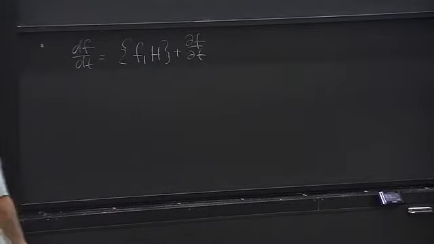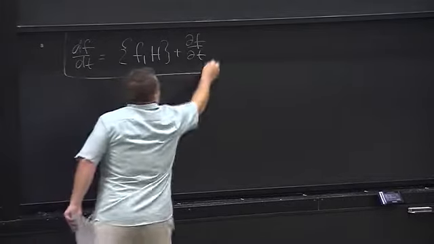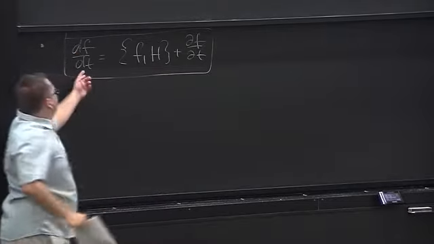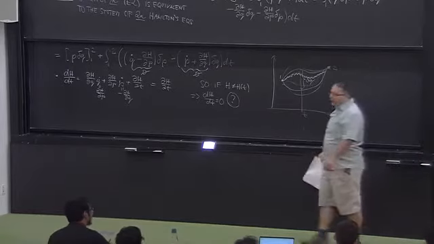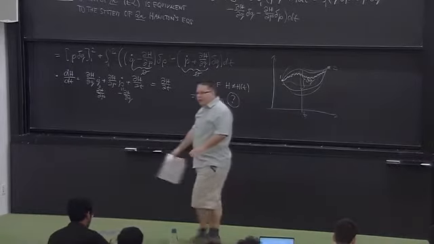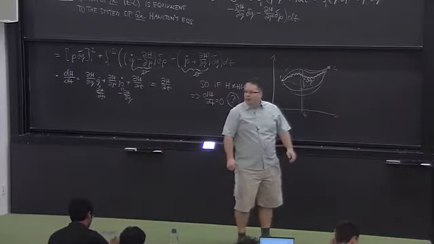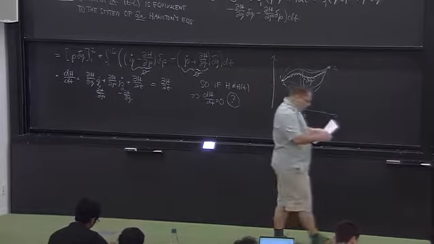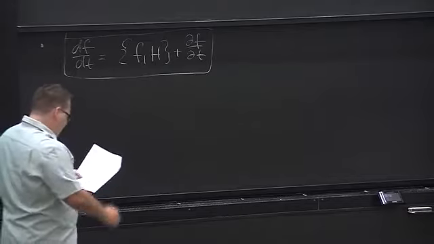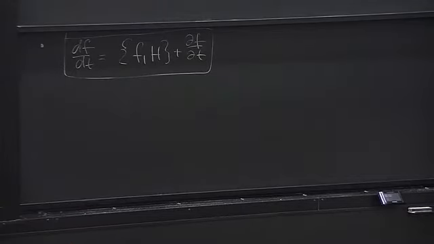So that's the result. Of course, the proof is just one line. I just have to write it as df over dq times q dot plus df over dp times p dot, use Hamilton's equations and the definition of the Poisson bracket, and this is what comes out. Okay, so that's how you write time evolution.